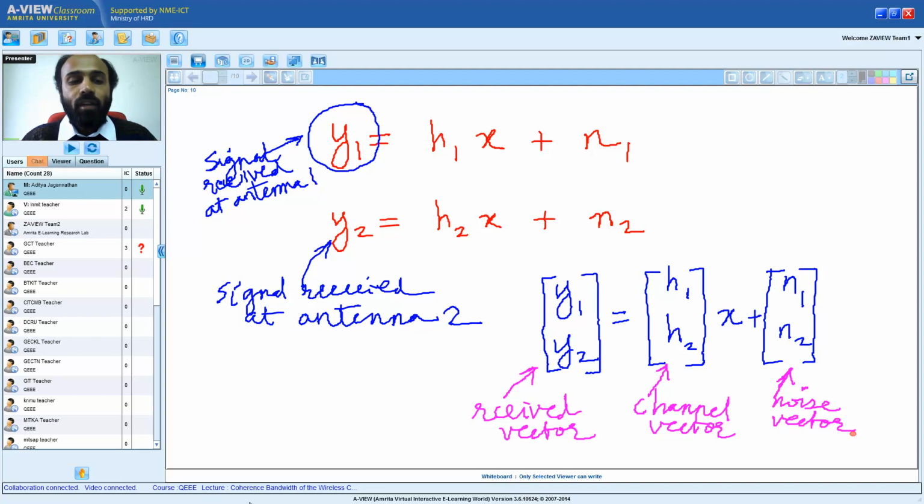Therefore, now I have a vector model for the communication system.